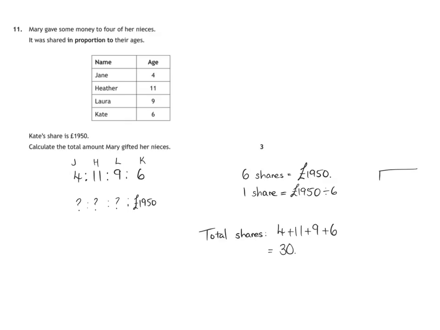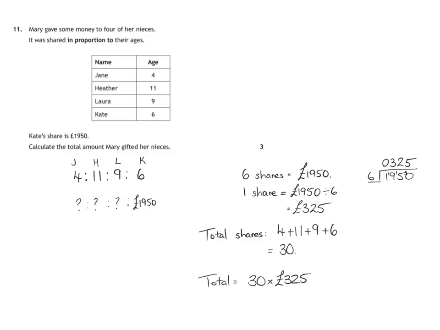We're still in the non-calculator, so doing it as a calculation on the paper. 1 into 6 goes none with 1 left over. 19 into 6 is 3 with 1 left over. 15 into 6 is 2 with 3 left over, and then we get our 5. So 1 share is the same as £325. So total is going to be 30 lots of that, so 30 times 325.